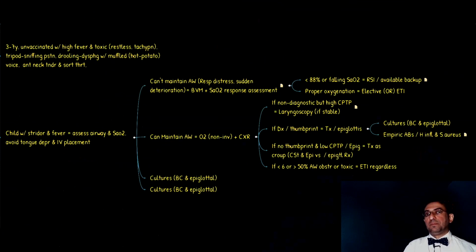If the first attempt fails, we can attempt an emergency cricothyrotomy based on the age. If the patient is younger than 12, it should be needle cricothyrotomy. At the end, we have to perform cultures and treat with empiric antibiotics for coverage of Haemophilus influenzae and Staphylococcus. Thank you. This is our discussion of epiglottitis.